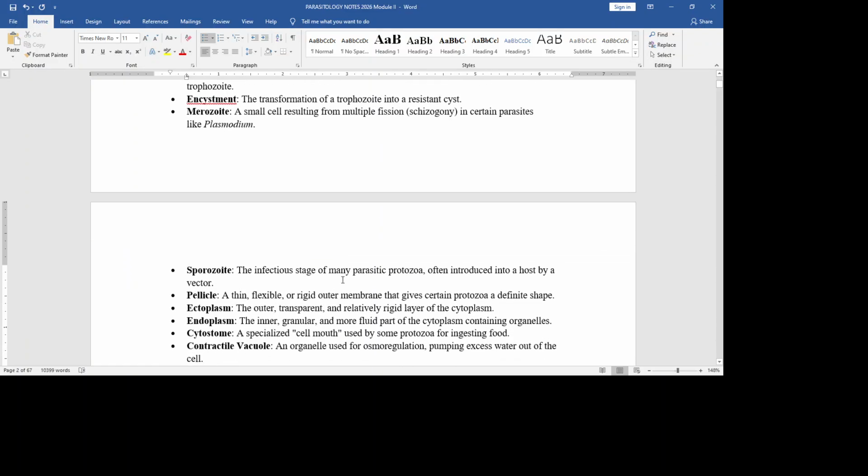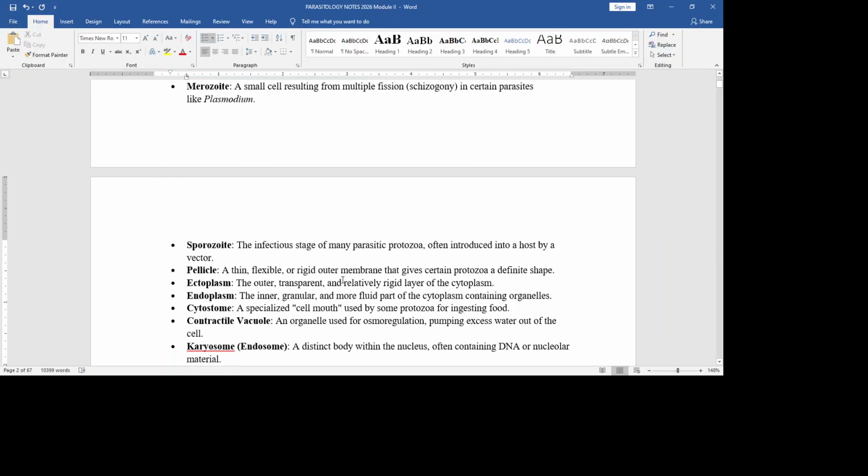Besides that, we can go to another one known as the pellicle. This is a thin, flexible, or rigid outer membrane that gives a certain protozoa the definite shape. We're going to see the types of shapes in a moment.